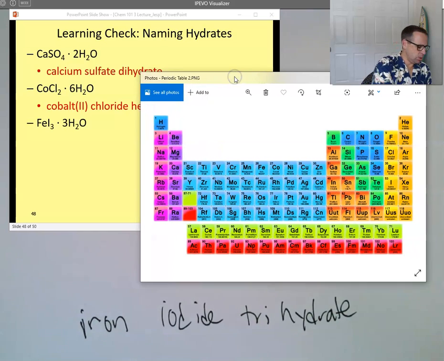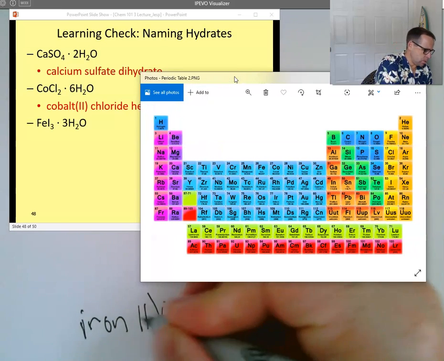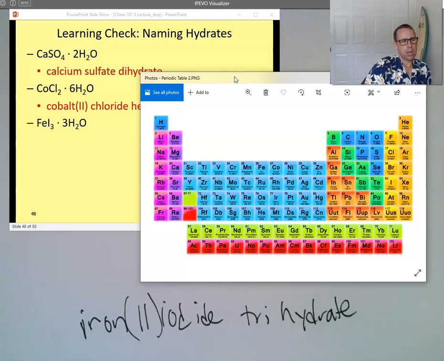Is it a 2 here? Yes. How did you know it was a 2? Iodine is 2 away. Where's the element iodine? 53. How many more electrons does each one take when it forms a compound? 1.